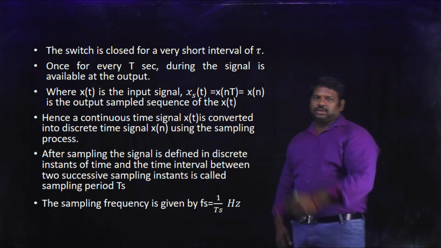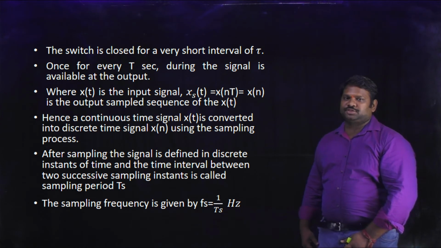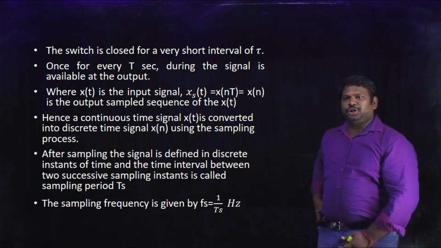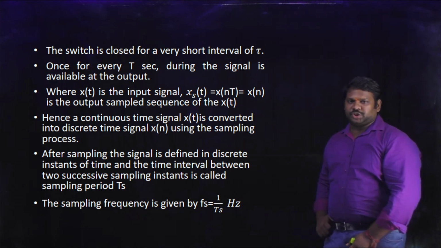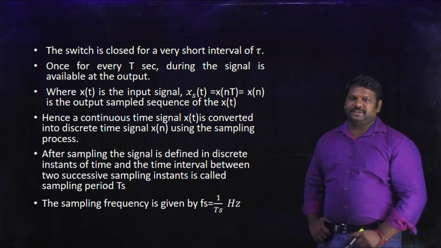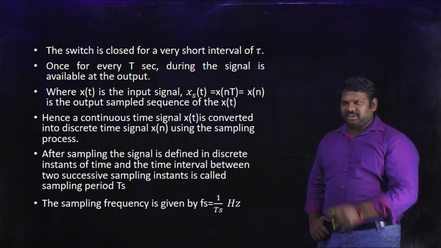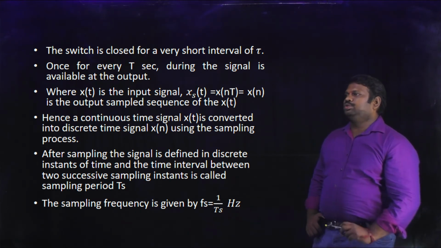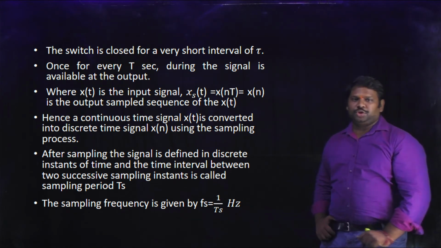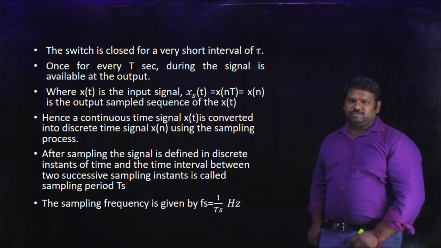As I have explained, the switch connection for getting the discrete time signal from the continuous time signal. These are the points we have discussed. Generally the switch will be closed for a very short interval of tau. Tau generally is 0.